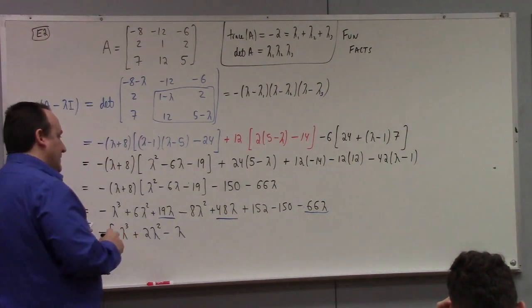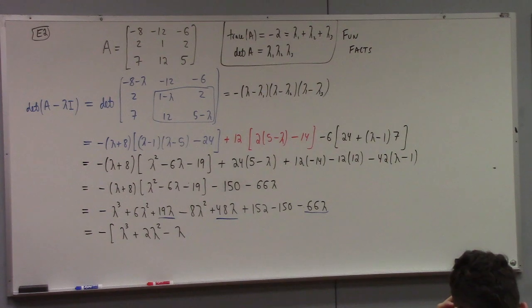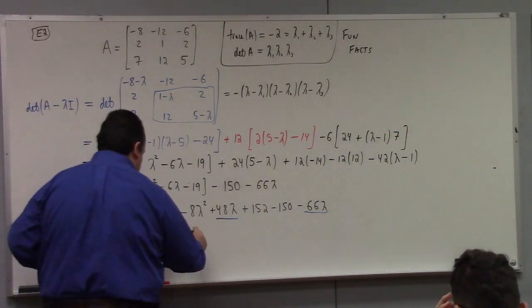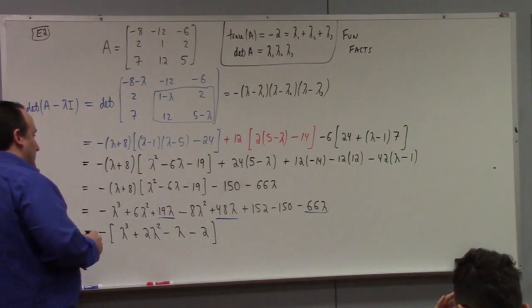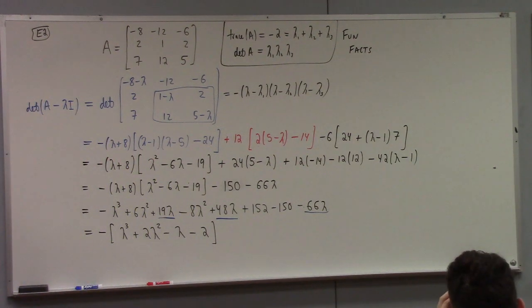And then, what's that? 152 minus 150 is 2, but I factored the minus out, so minus 2. All right, so apparently the determinant of this matrix is 2. If you believe this calculation, we could double check it.